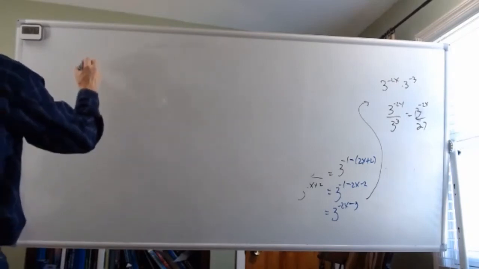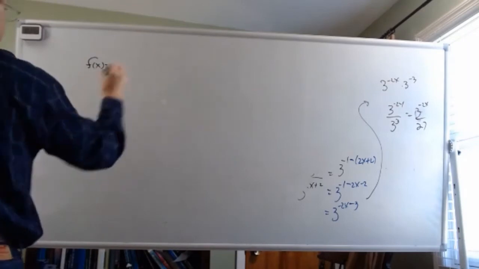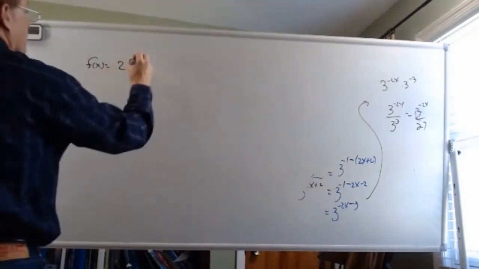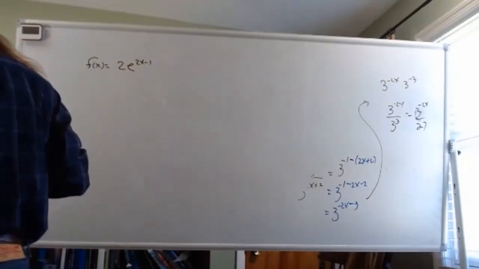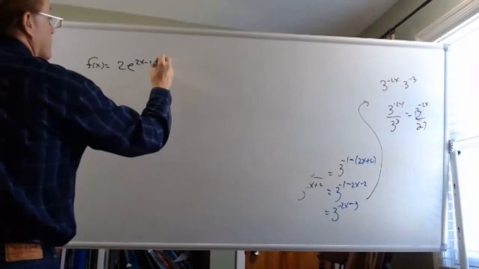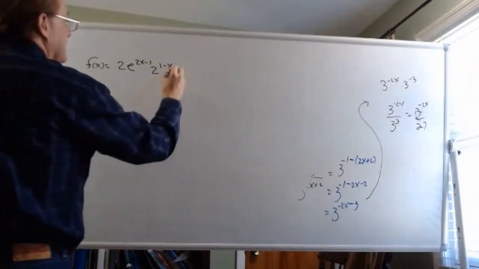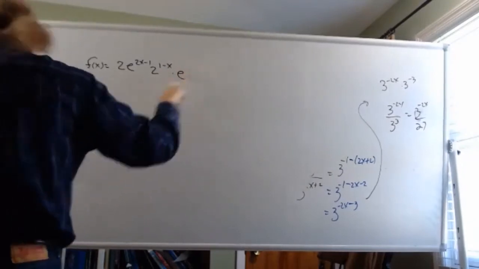So say I have, here's my f of x, and I want to simplify this. So I have 2 e to the 2x minus 1, then 2 to the 1 minus x times e times 2 to the x.